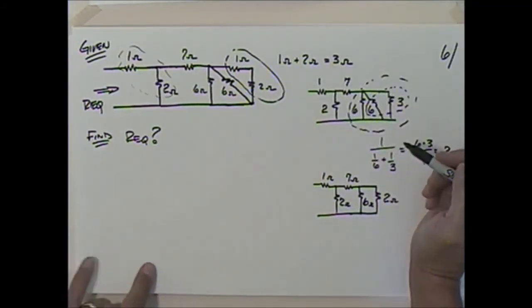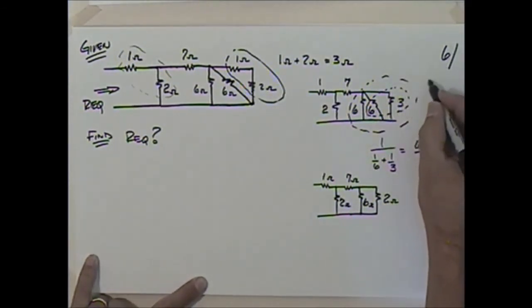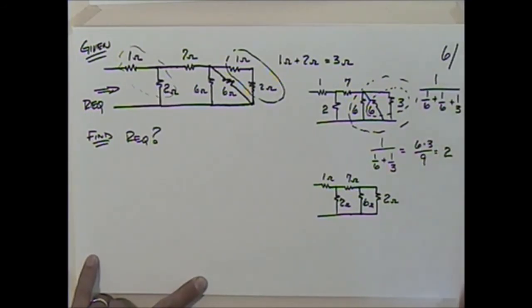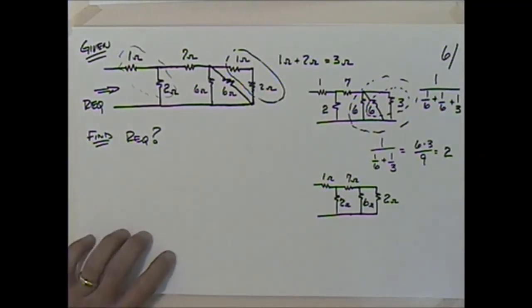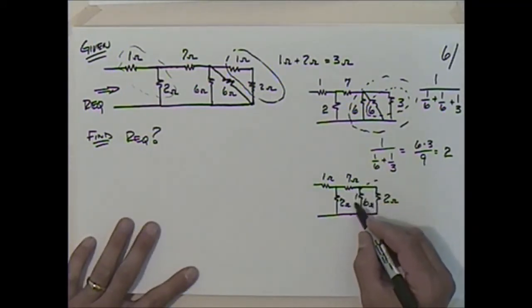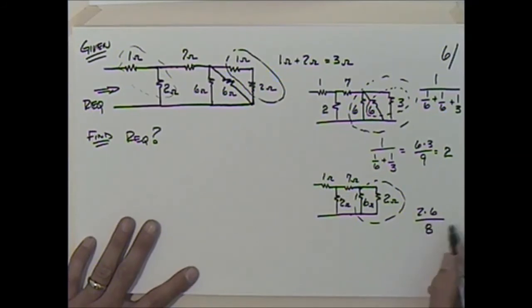Now some of you recognize that, hey, we've got all 3 of those that are in parallel, right? So with that, you would have 1 over 6 plus 1 over 6 plus 1 over 3, right? Which is what? I guess I could do it over here, because with this, I'm going to have product over sum. 2 times 6 divided by 2 plus 6 is 8.